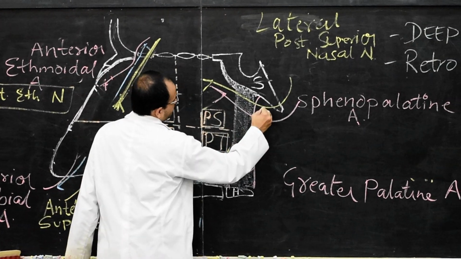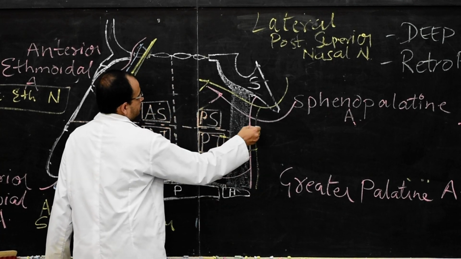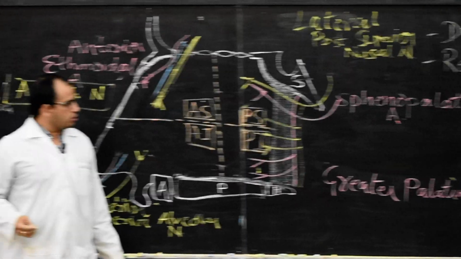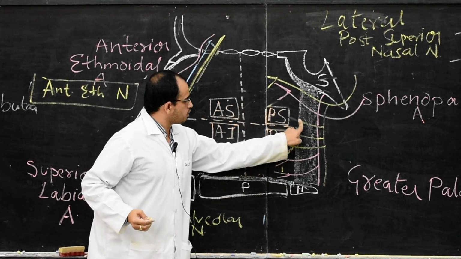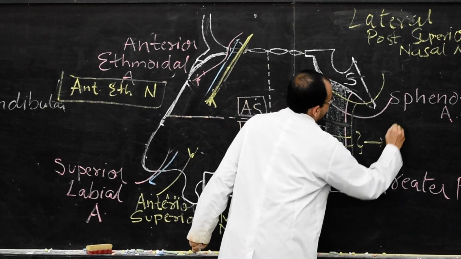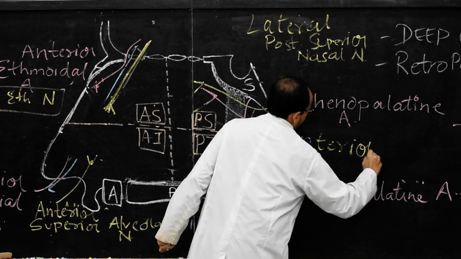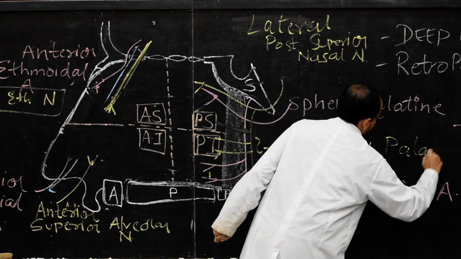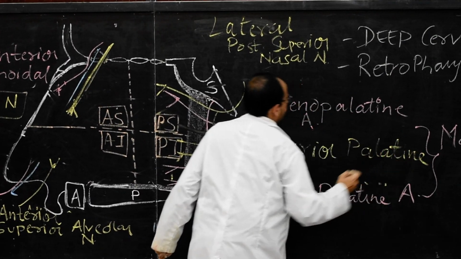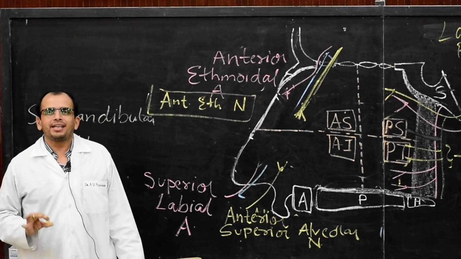On the lower inferior aspect, again there are nerves which will be piercing the perpendicular plate of the palatine bone and supplying the posterior inferior quadrant, and those nerves are the anterior palatine nerves, which are branches from the pterygopalatine ganglion.